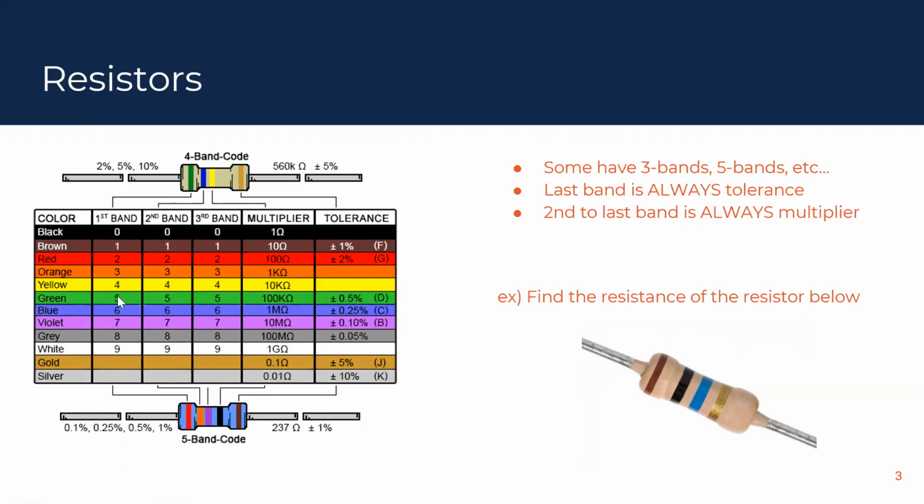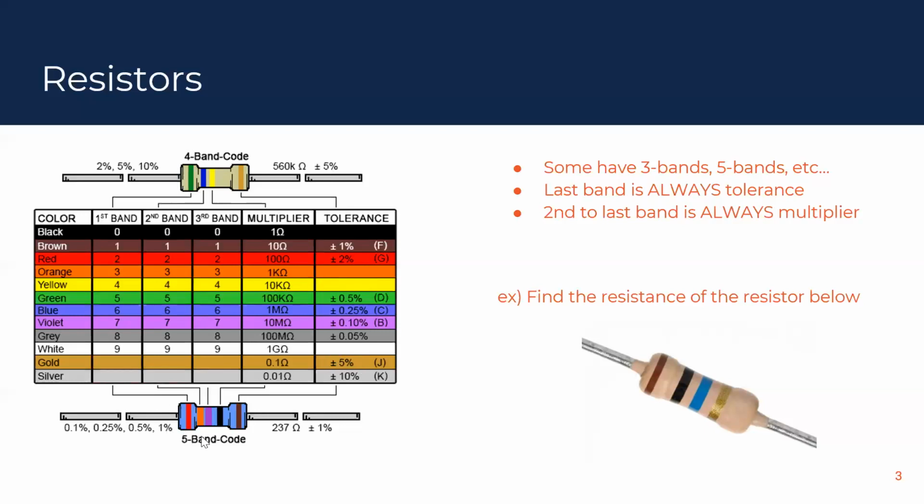So right now we have 5, 6. And then we're going to multiply 56 by yellow, which is 10 kiloohms. So 56 times 10 is 560. So this resistor has a value of 560 kiloohms, and the tolerance is 5%.